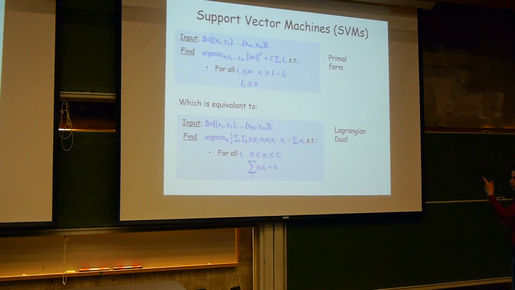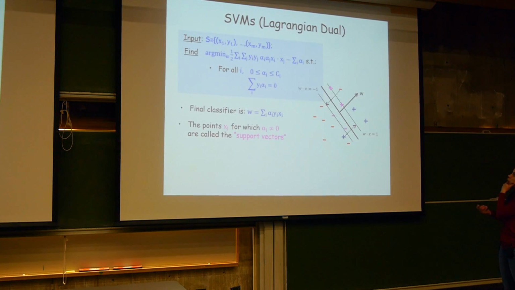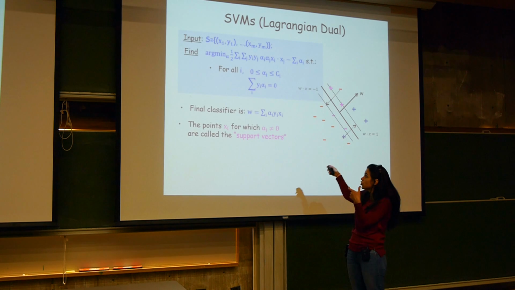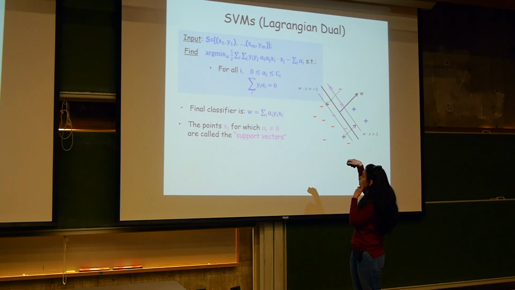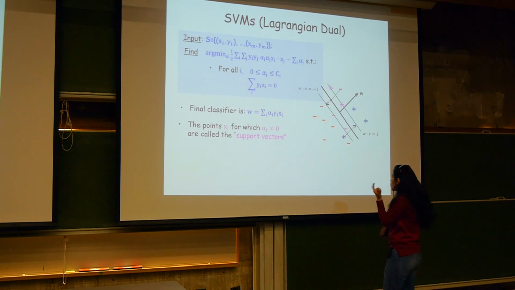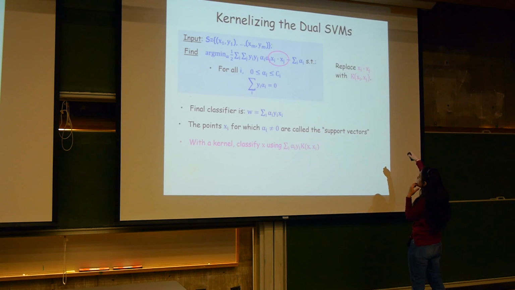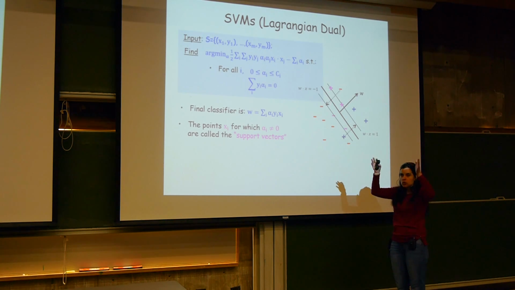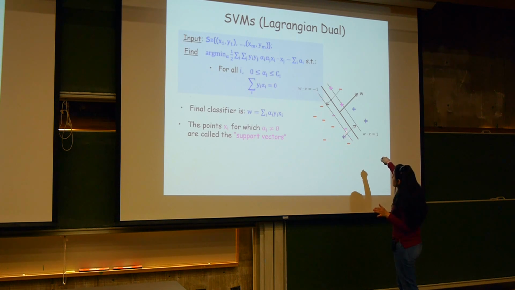Actually, if you go for the Lagrangian dual, you're also going to observe, and this is important to know, that the W vector, the solution to this optimization problem, can be written as a sum of support vectors. The support vectors will be exactly the points that are right on the margin, right on these hyperplanes.